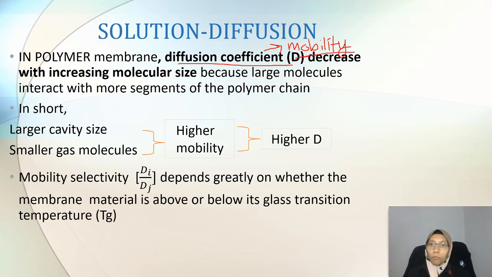So D is the mobility. Just imagine a big person and a smaller person. Which one can move really? Of course, the small person, right? The same goes for gas molecules. The diffusion coefficient D will decrease when you have a higher molecular size.